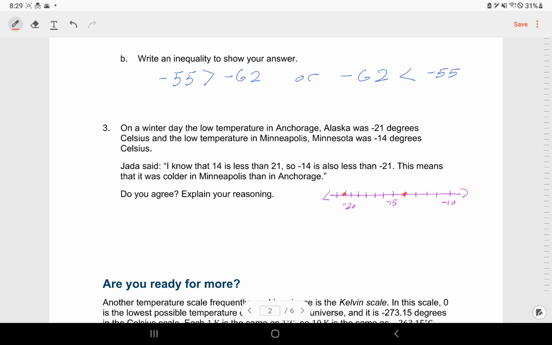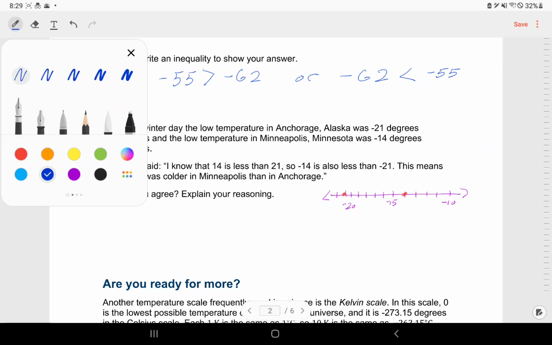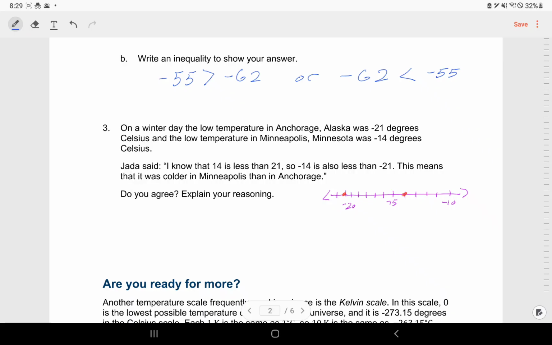So colder is farther left. So negative 21, negative 14, negative 21 is farther left.